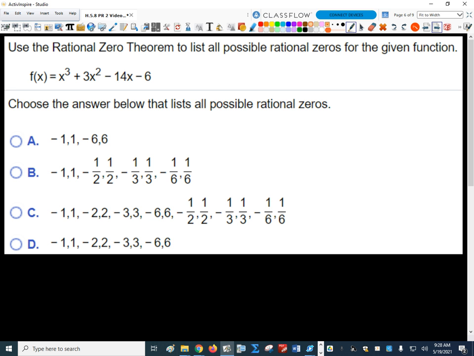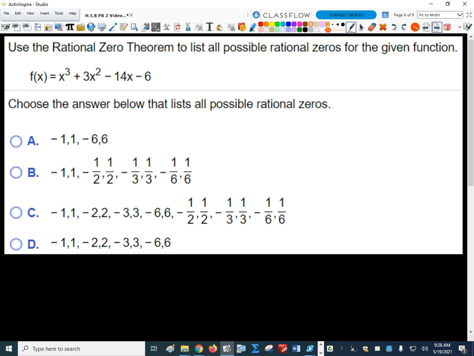It's possible you could have a polynomial where none of them are rational, and then you're stuck. Then you can't find them this way, and you got to move on to something else. And the something else we would use is called Newton's method, and it's a calculus approach, okay, which we're obviously not going to do. So which one of those lists, A, B, C, or D, would be the correct one?